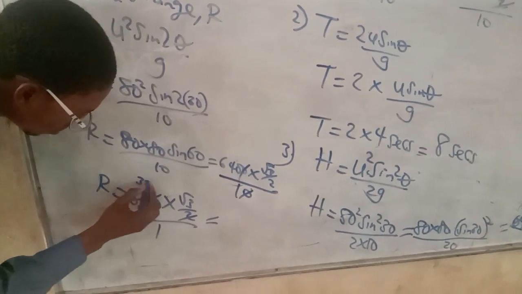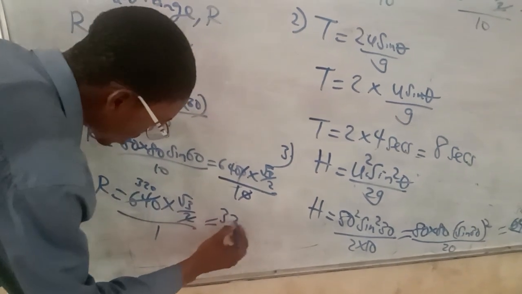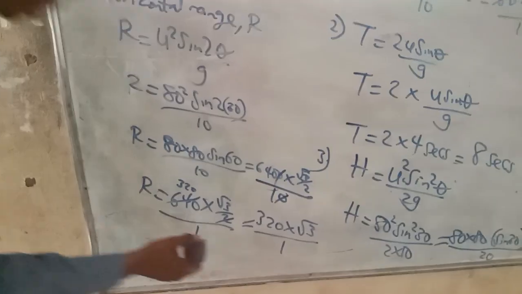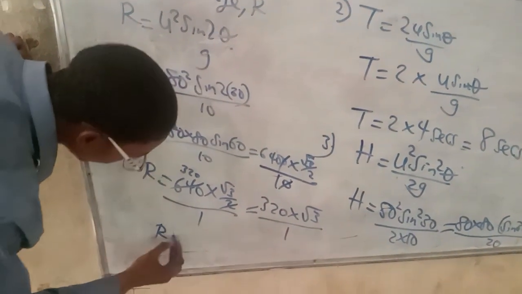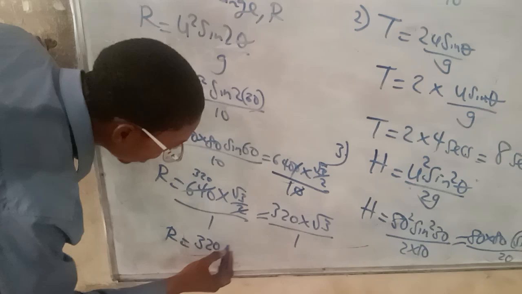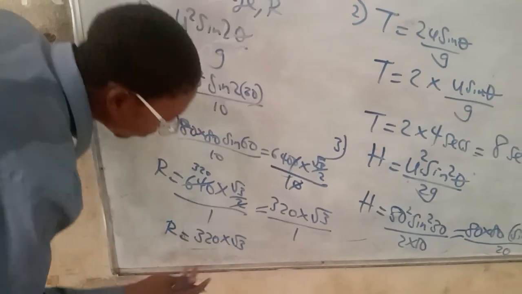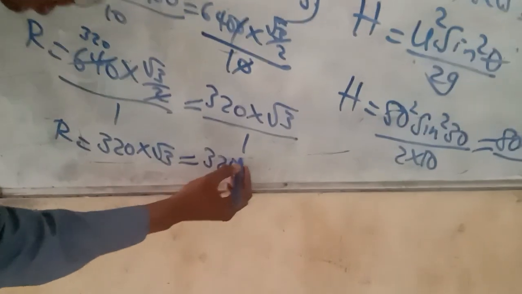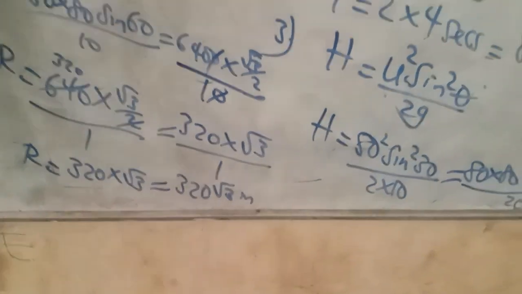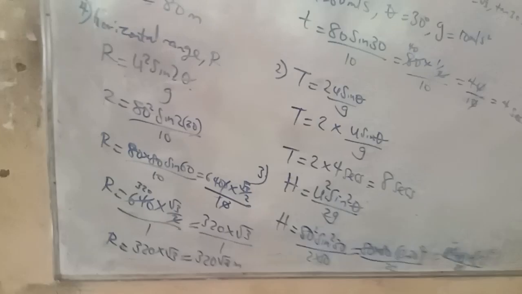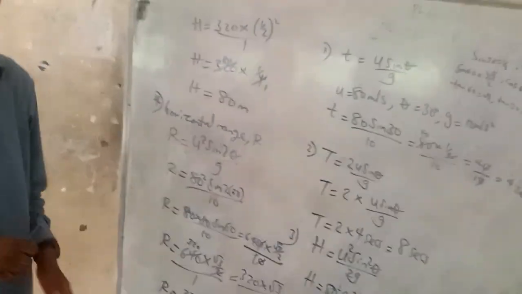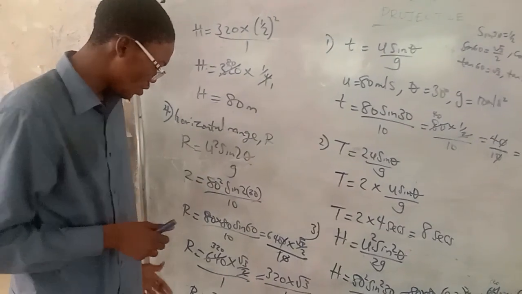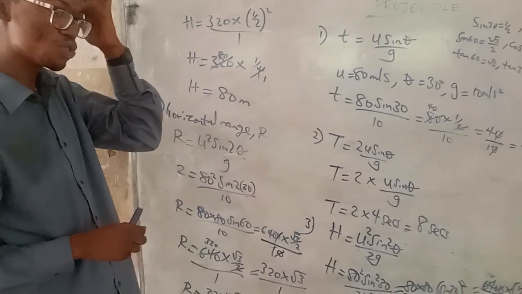Then with 2 and 640, we have 320. That is 320 times root 3 over 1. We are going to have R equals 320 times root 3, because anything divided by 1 is still the same thing. We have 320 root 3 meters. That is our horizontal range.